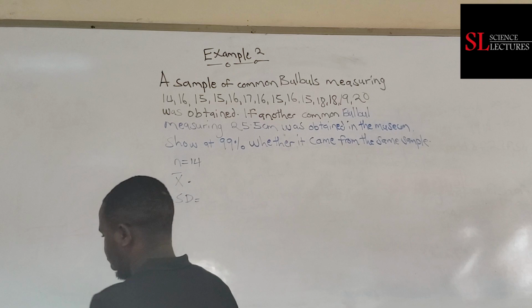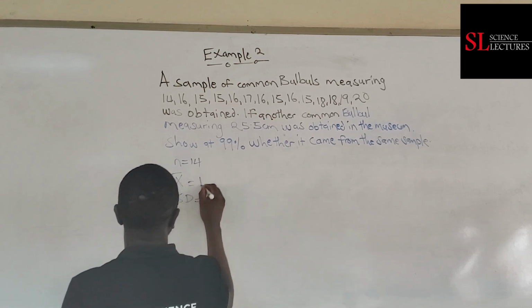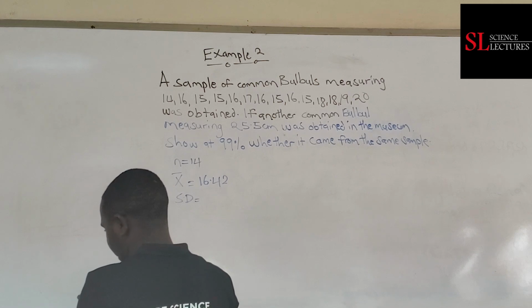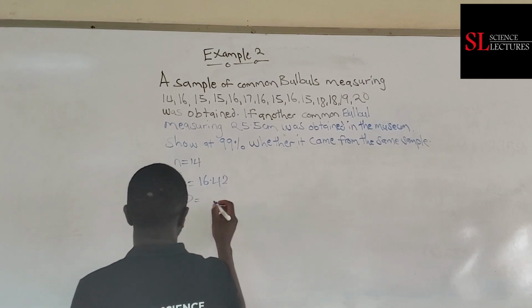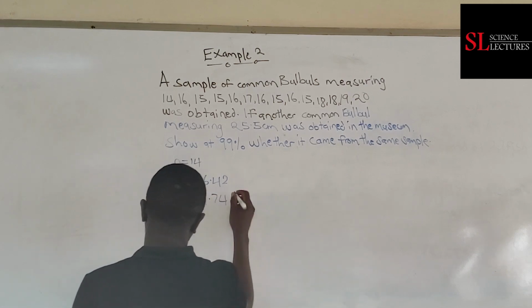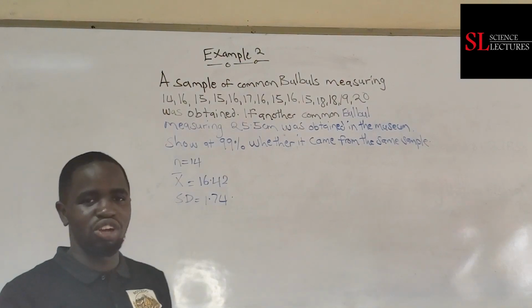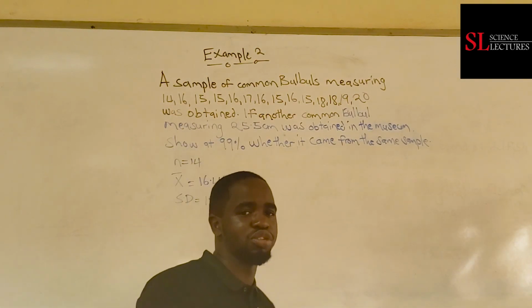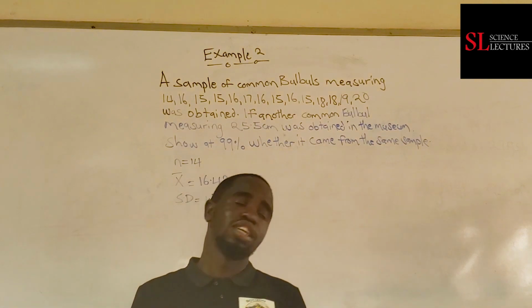From my calculator, my mean is 16.42. I press shift 2 again, then my standard deviation is 1.74. I repeat, if you don't know how we've done those two, please check the video teaching how to use a calculator to obtain both mean and standard deviation.